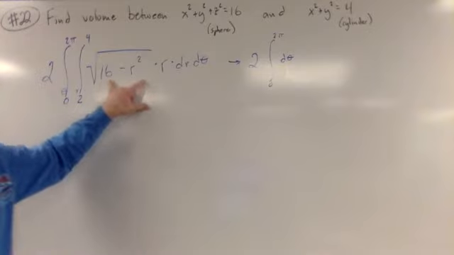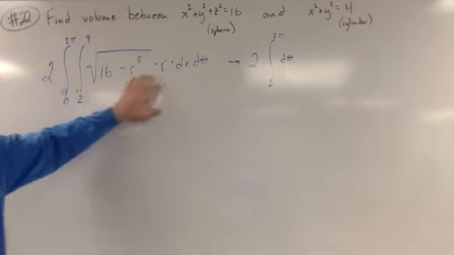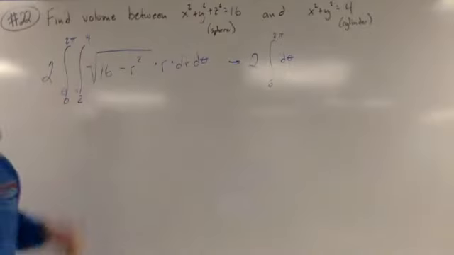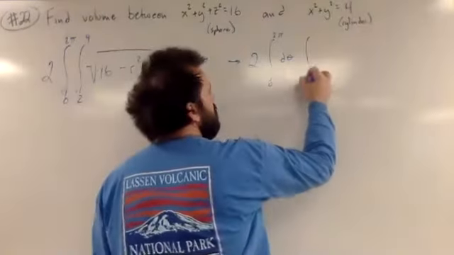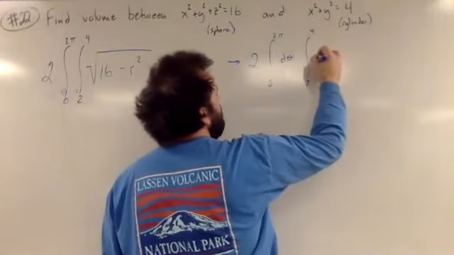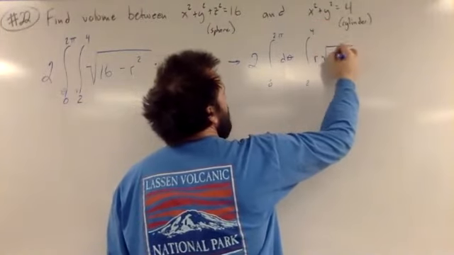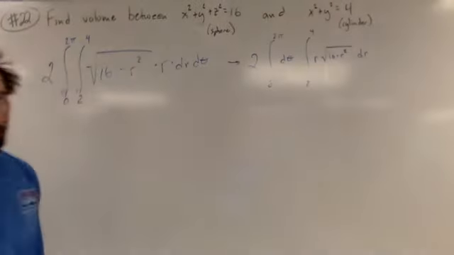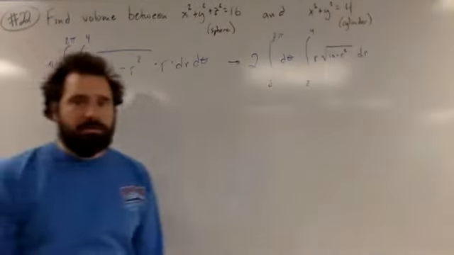I don't have to worry about this. Since this is only r's, when I do that integral, it's just going to become a coefficient for the second integral. So I get those 2 integrals.